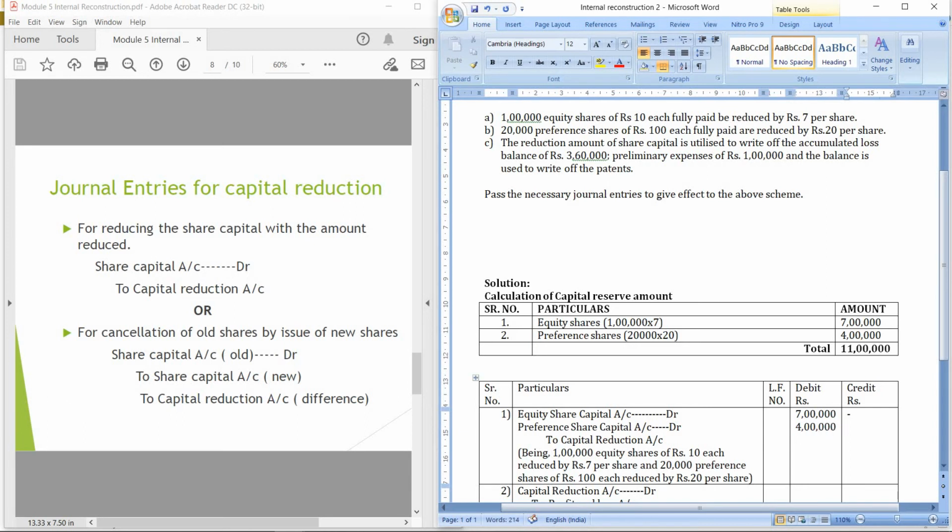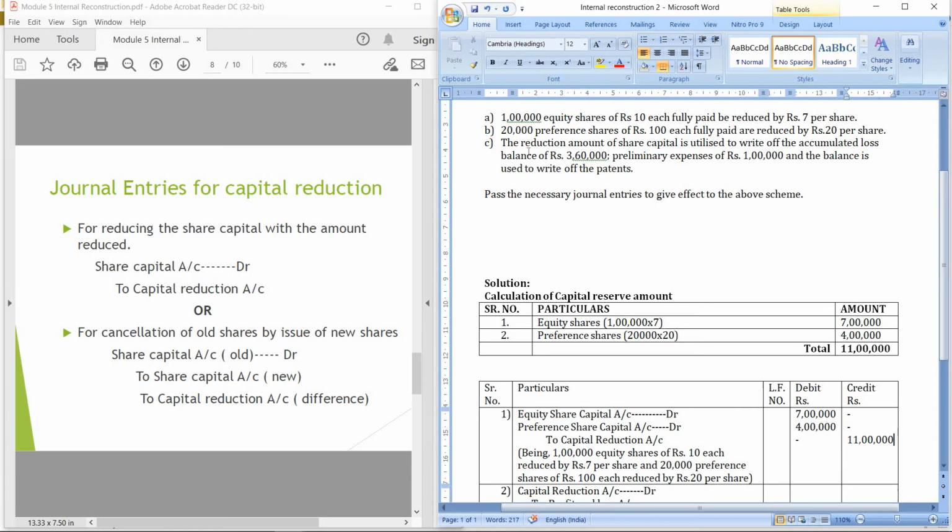In the credit column, we put a dash. To capital reduction account, total that is 11 lakhs. Whatever amounts we have calculated here, that you need to take. Narration: being 1 lakh equity shares of rupees 10 each reduced by rupees 7 per share, and 20,000 preference shares of rupees 100 each reduced by 20 per share. Here we have already calculated the amount of capital reduction, so using this amount only we have passed this entry.